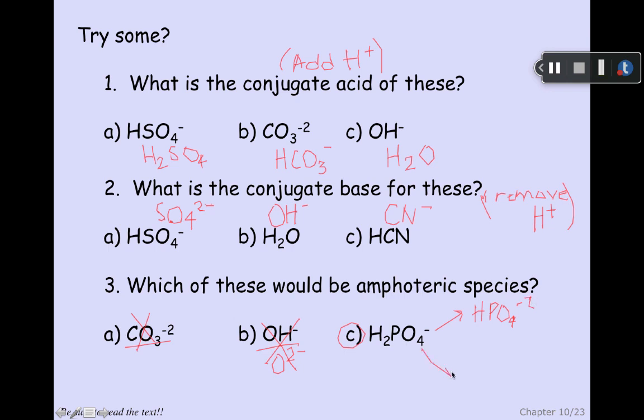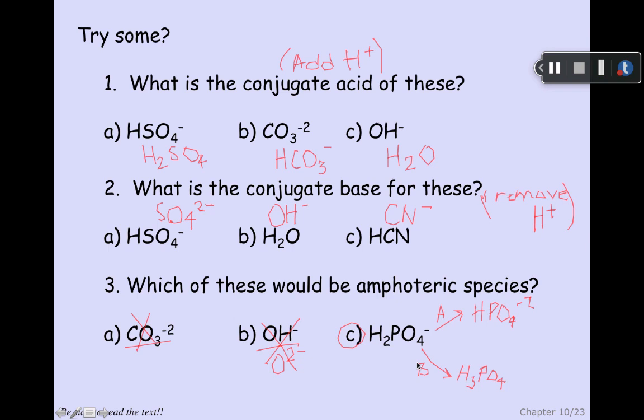Or dihydrogen phosphate can also pick up a proton and be turned into what's known as phosphoric acid, H3PO4. So it acts as an acid in the top example, where it gives away a proton, and as a base in the second one, where it picks up a proton. There we have some examples of amphoteric species.